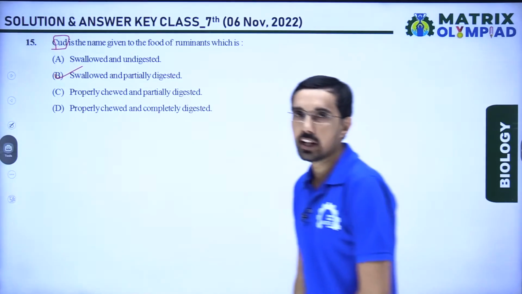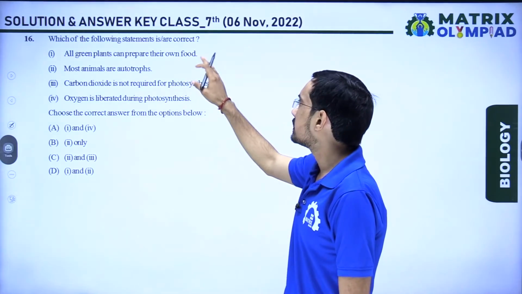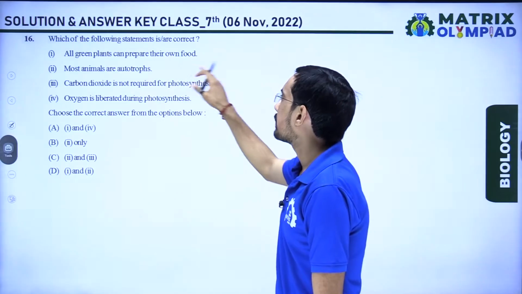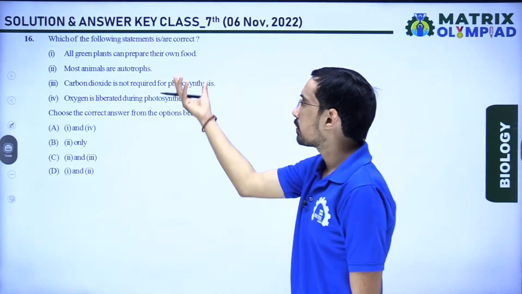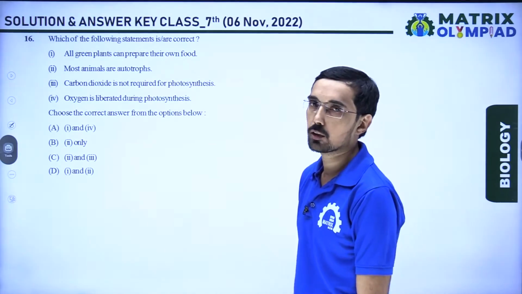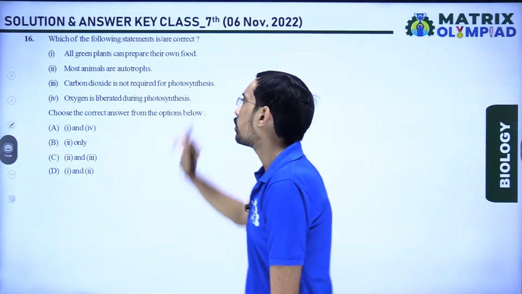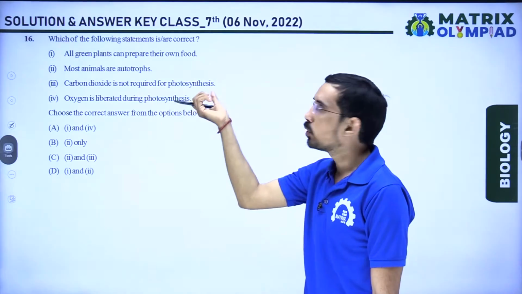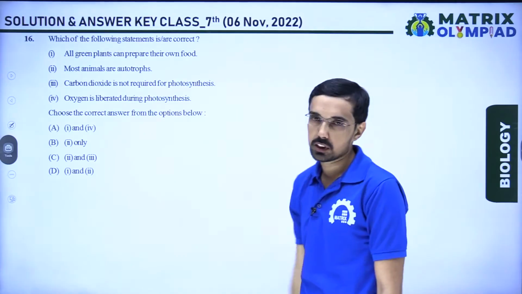Now move to the next question. Which of the following statements are correct? All green plants can prepare their own food. This statement is correct because they perform photosynthesis, and that's why they are known as autotrophs. Second, most animals are autotrophs. It is a false statement. Most of the animals are heterotrophs in nature.